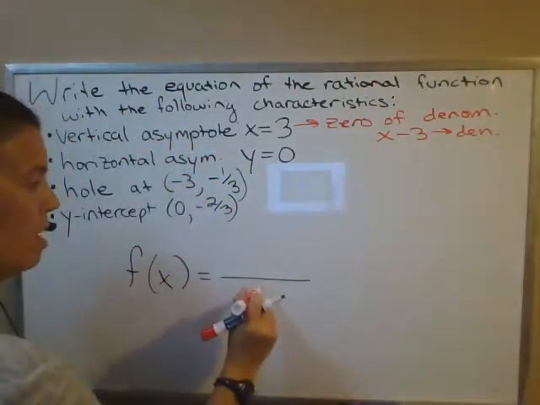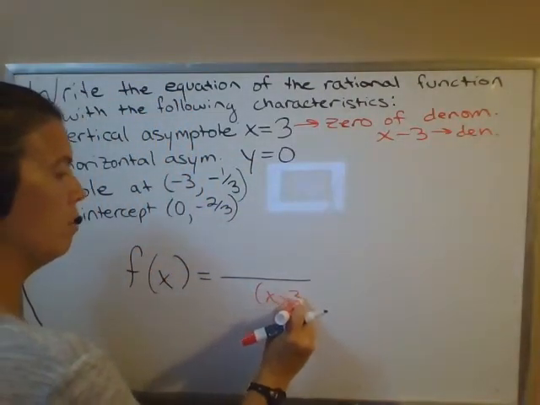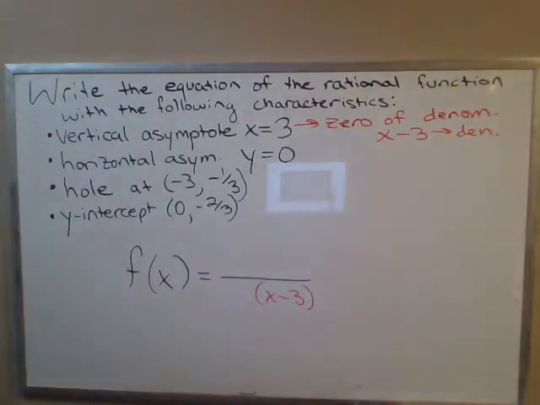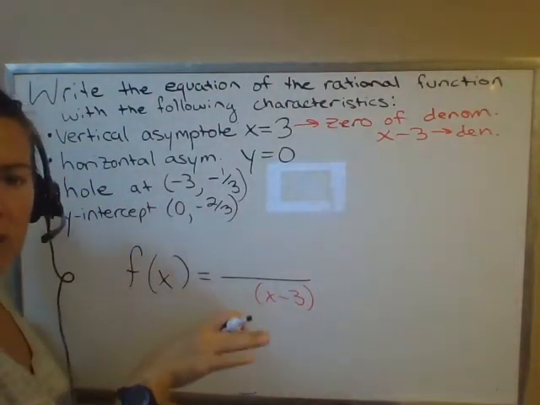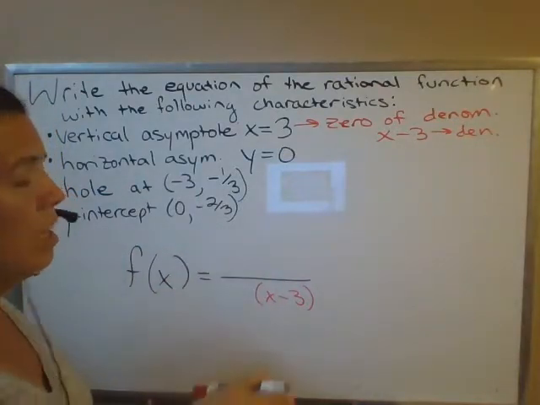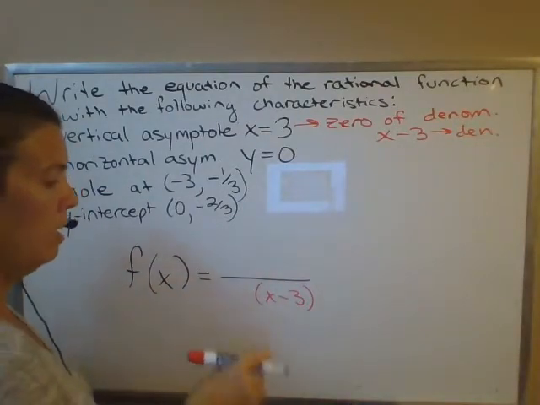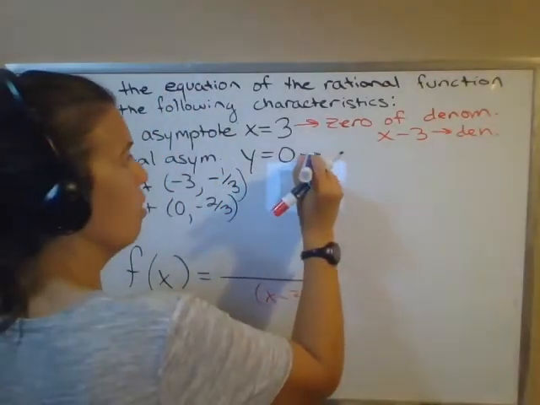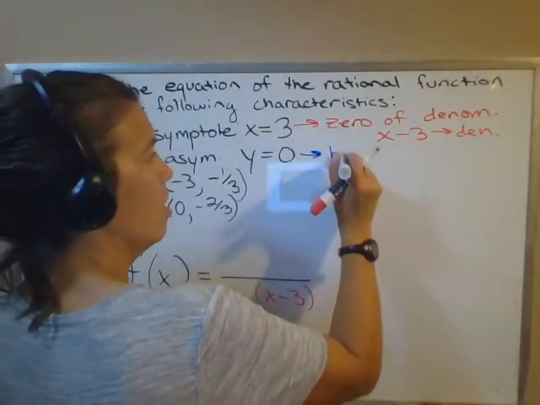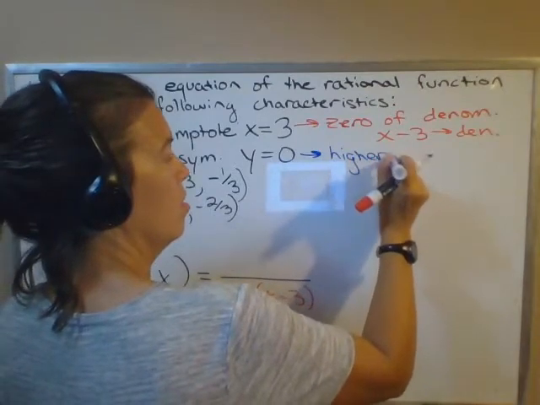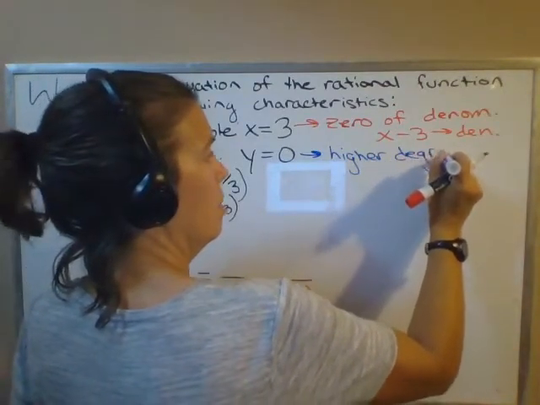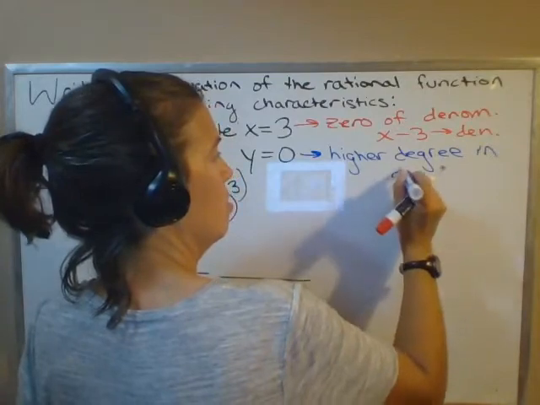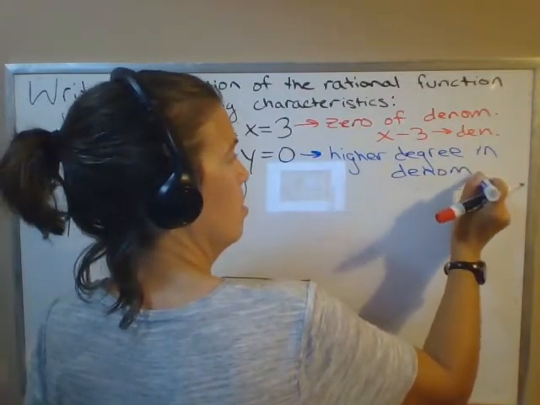So we should put an x minus 3 in the denominator here. Horizontal asymptote comes from comparing the degrees of the numerator and denominator. When you have a higher degree in the denominator, that's when you get a horizontal asymptote at y equals 0. So this indicates higher degree in the denominator.